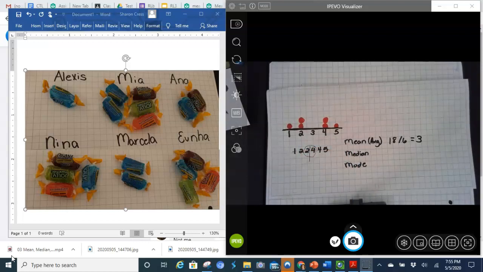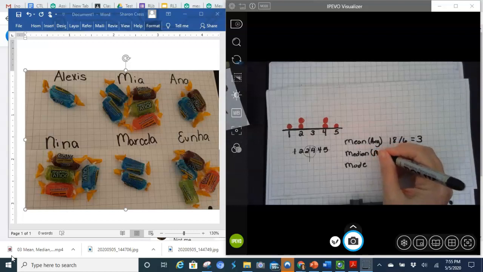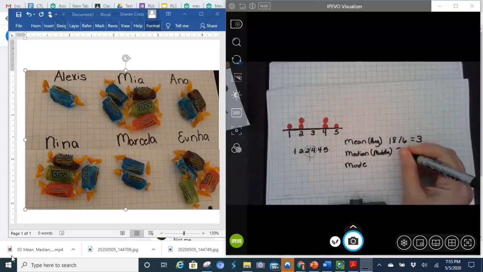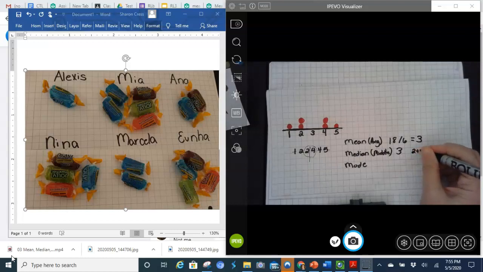Most of you, I hope, already know that the median is the middle. You know that between 2 and 4 is 3. No need to add it up. If you didn't know, you could say 2 plus 4 equals 6, divided by 2 is 3. So our mean and our median happen to be the same.